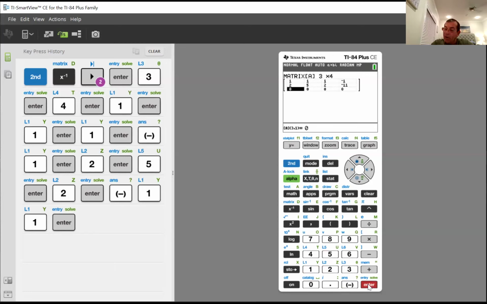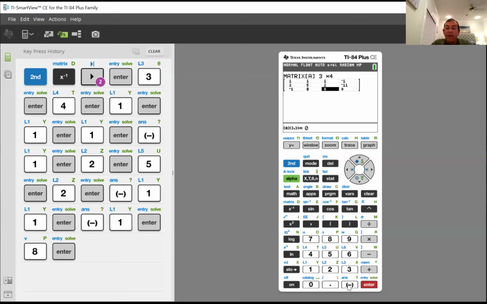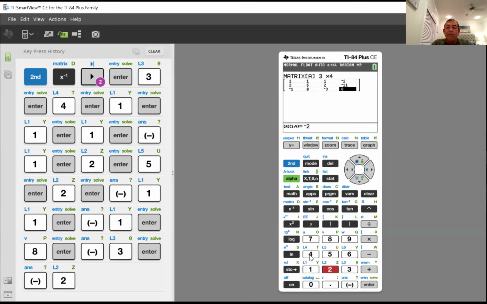Enter. And then my last row, I had a -1, enter, 8, enter, a -3, enter, and then a -24 for that row, enter. All right, all my numbers are entered.